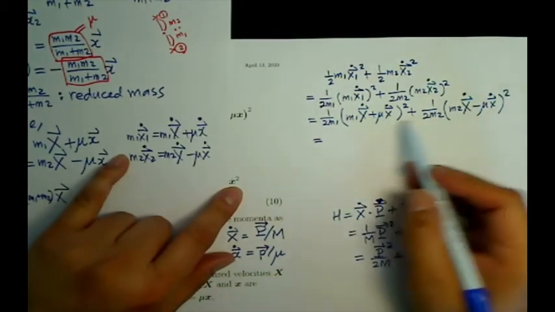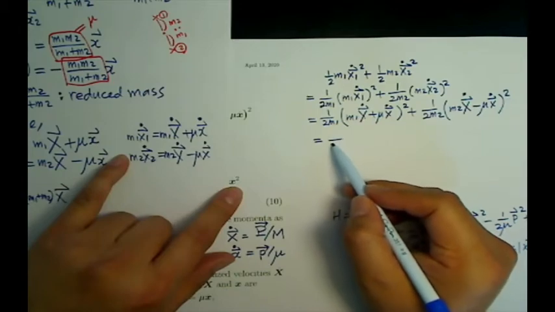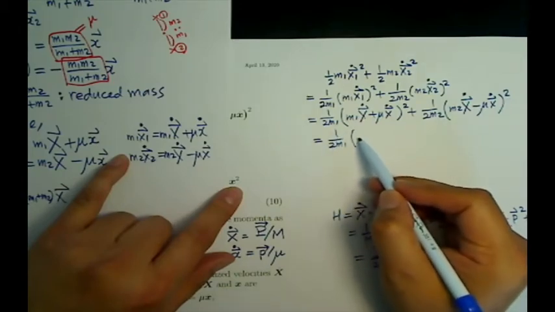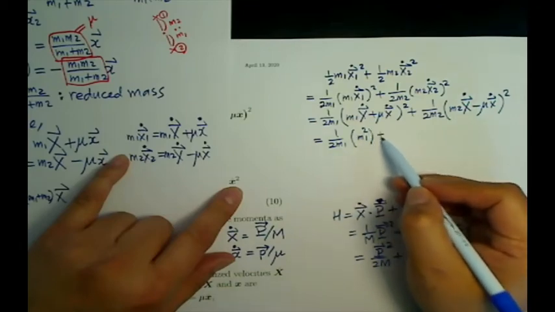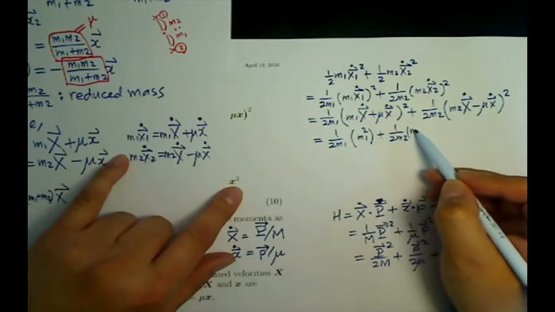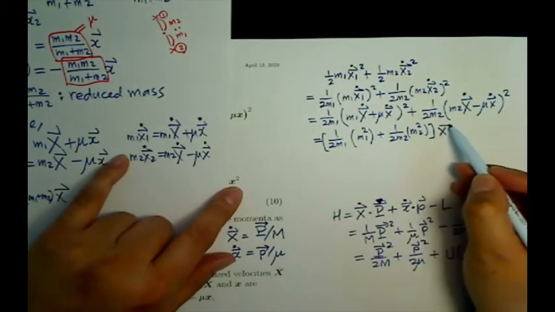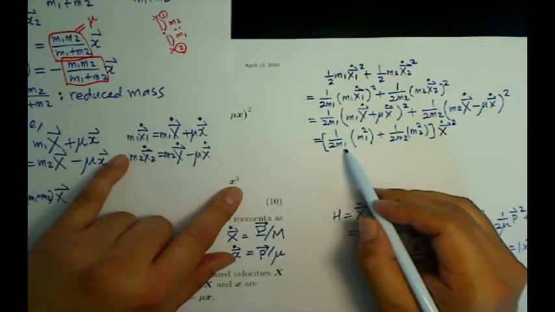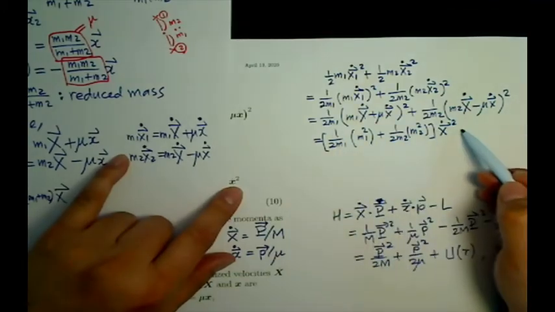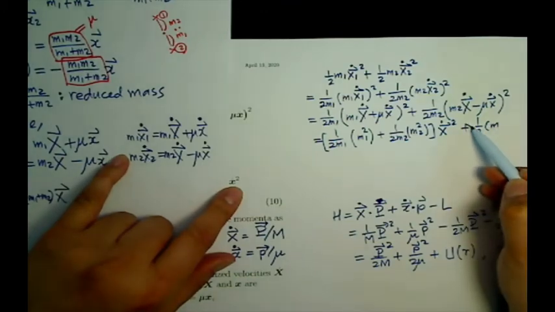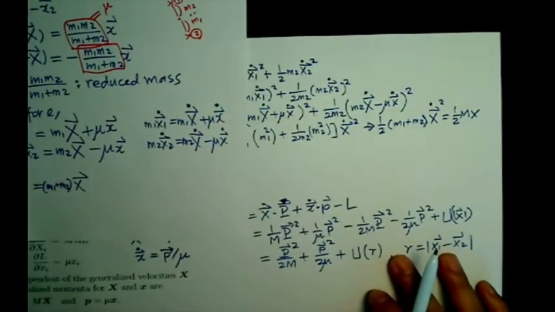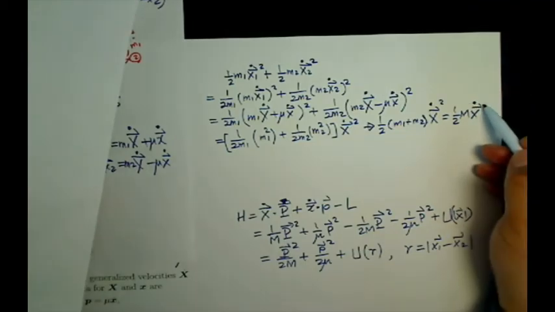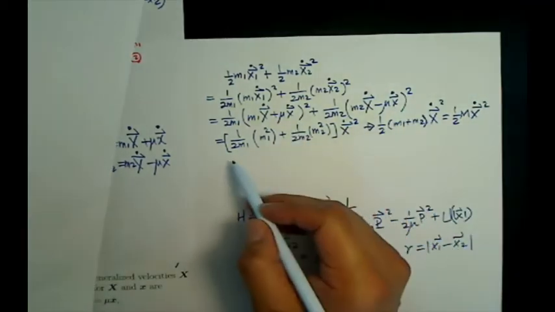this square term is M, the total mass. This one is the M1 and M2 term, that is the last term.